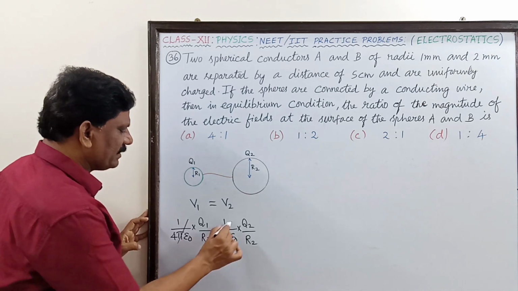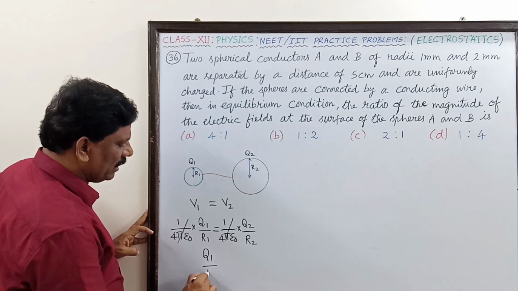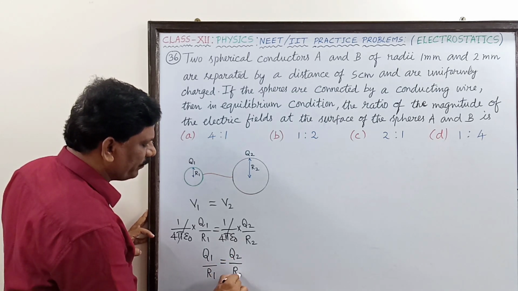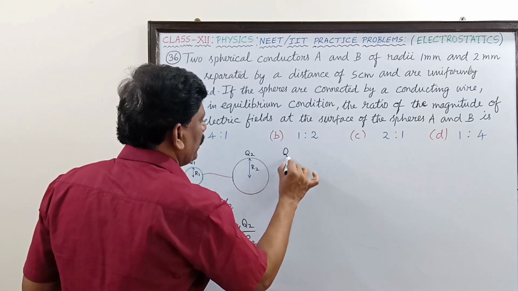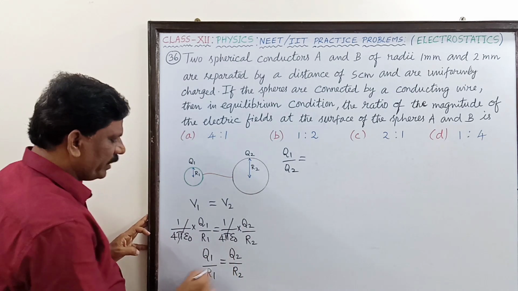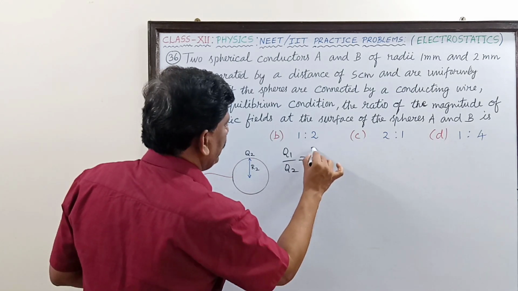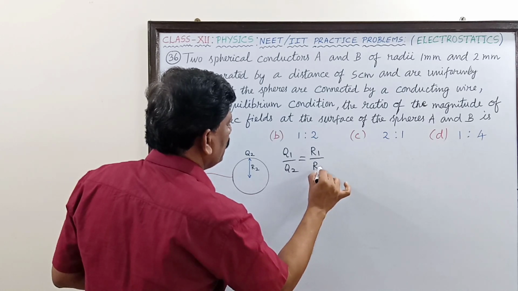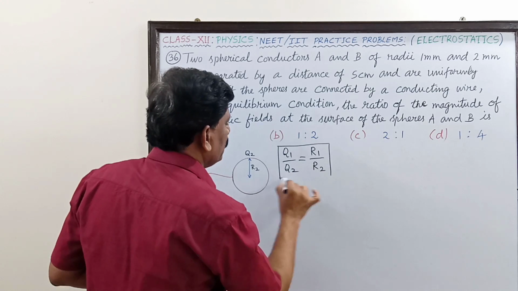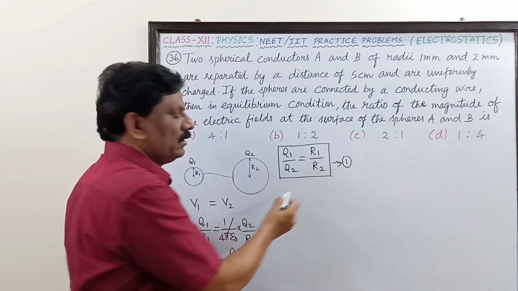Cancelling these constants, I can write Q1 by R1 is equal to Q2 by R2, or Q1 by Q2 is equal to R1 by R2. So this is the first equation required here.